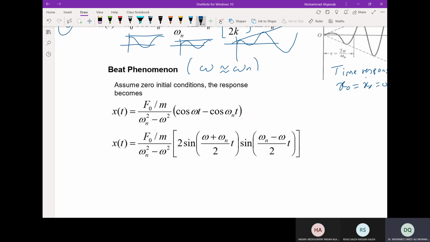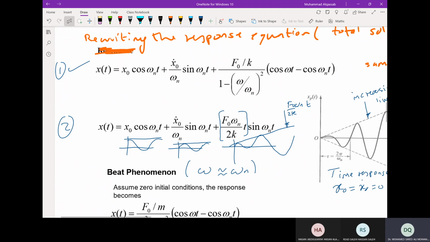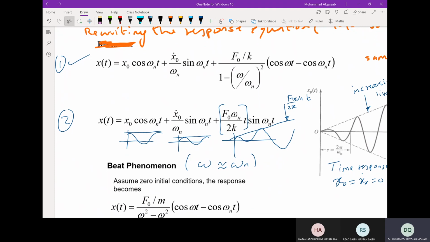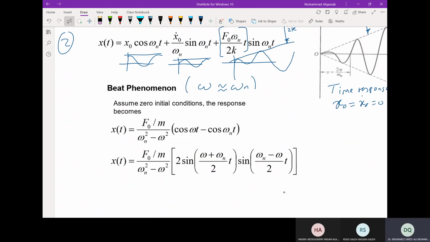So you can still use the same equation, number 1, because omega is not equal to omega n. Even if you have a small fraction, this will not be division by 0, so it will work. For 0 initial conditions, equation 1 is written in this way.